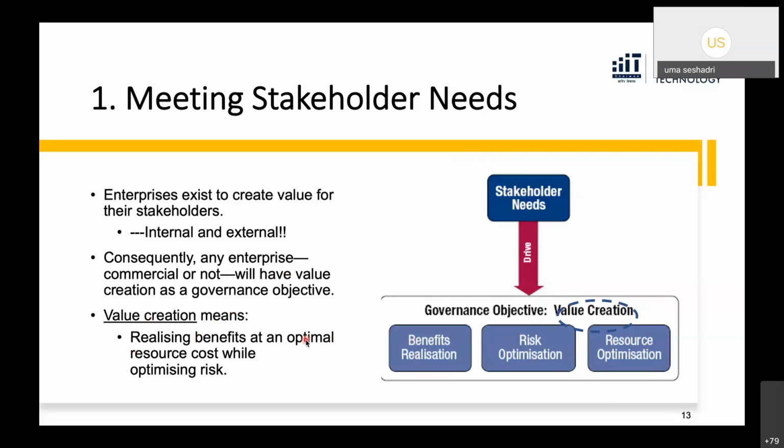It has to be an optimal realization of that goal. So the value creation is defined for different types of customers in different forms. At the end of the day, it has to be an optimal resource cost while optimizing the risk. That is how you can look at all these three components.